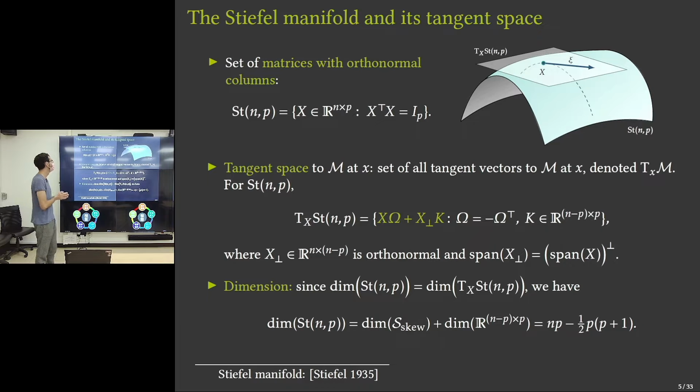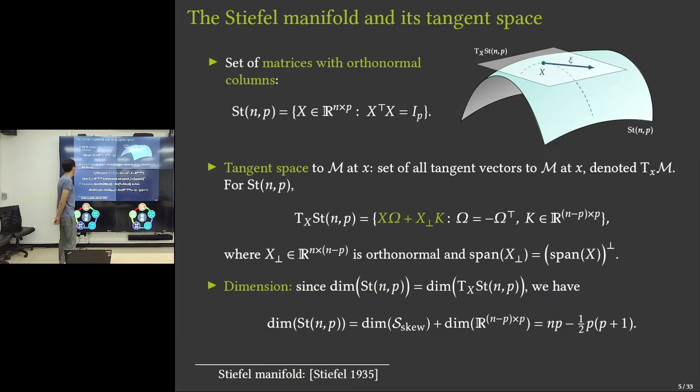For example, about the Stiefel manifold, we have already seen that it is a set of matrices with orthonormal columns. This is a kind of recap. We have seen the formulation of the tangent space to M at X. In general, it is the set of all tangent vectors to a manifold at X. And for the Stiefel manifold, we have this specific form of the tangent vectors.